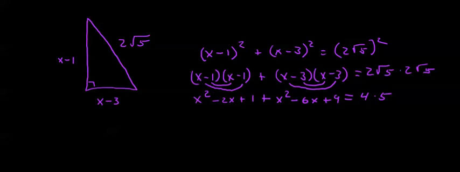Now we combine our like terms. x squared and x squared, 2x squared. Negative 2x and negative 6x, negative 8x, a positive 1 and a positive 9 is plus 10.